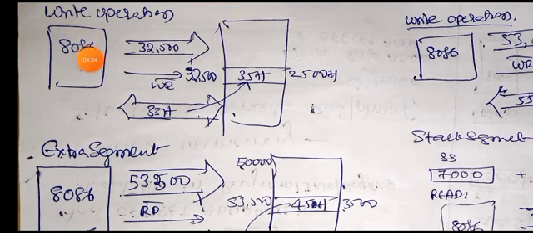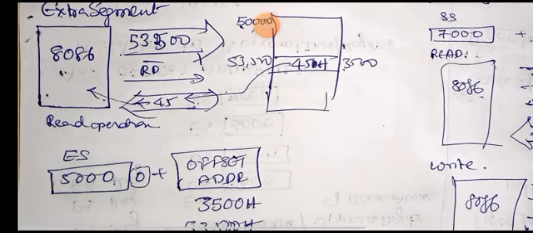The microprocessor has to send the 32,500H address and a write signal, and whatever data the microprocessor wants to write, it places on the data bus. From the data bus, this data is transferred to the 32,500H physical address. So this is the write operation, right?